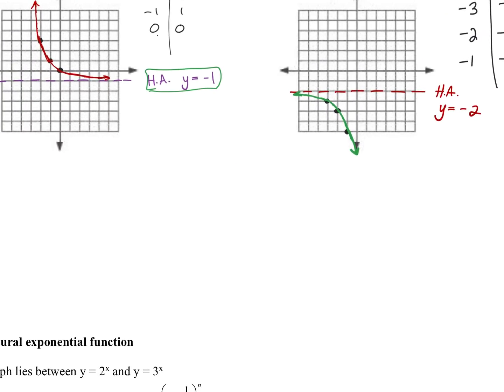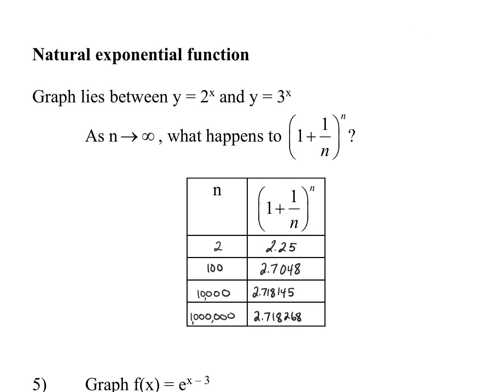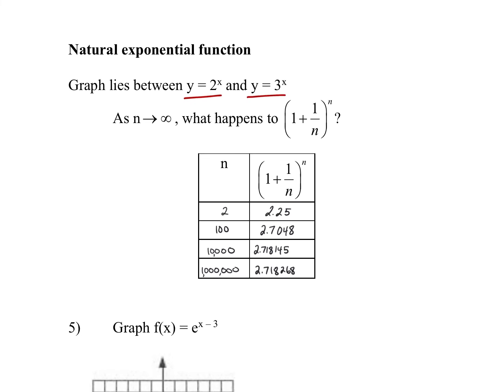So let's move on to some discussion about the natural exponential function. If we were to find this value, the natural exponential function, we would find that it lies between y equals 2 to the x and 3 to the x. But we want to do a little investigation here.